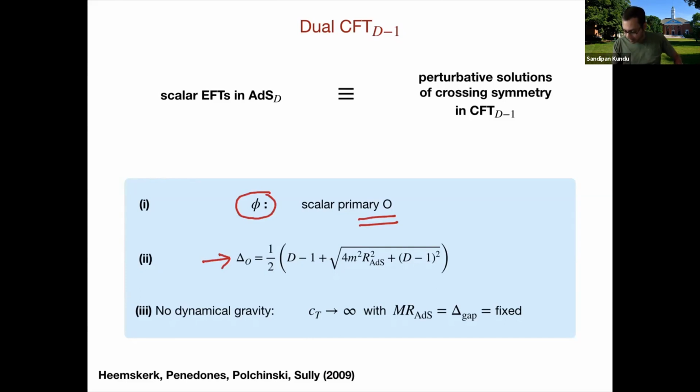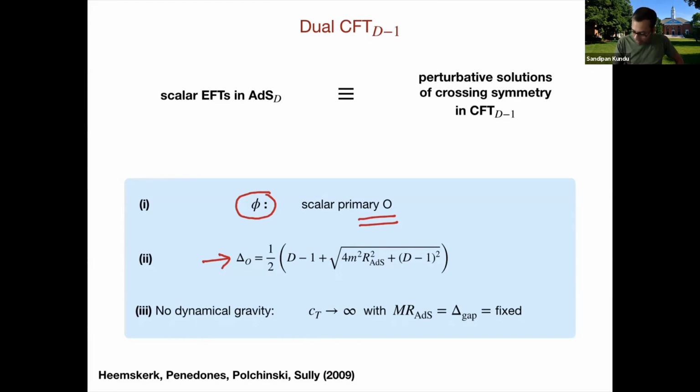And then since we're studying effective field theory in an AdS background, there is no dynamical gravity. So we are going to implement that by taking the central charge C_T to infinity.